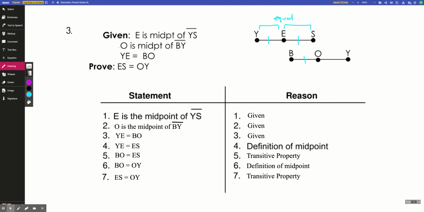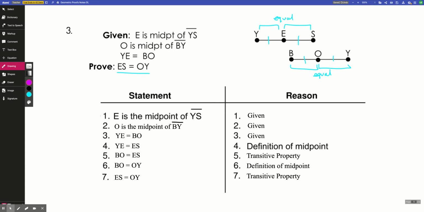Then we have another similar statement that says O is the midpoint of BY, which means that this part and this part have to be equal. So if this one's already marked with a little 1 congruence mark, then this one also can be marked with a little 1 congruence mark. And if you just look at the picture, we've shown that ES is equal to OY, because see how they both have the same congruence mark on there? Okay, so we just have to take that and turn it into a 2-column proof.